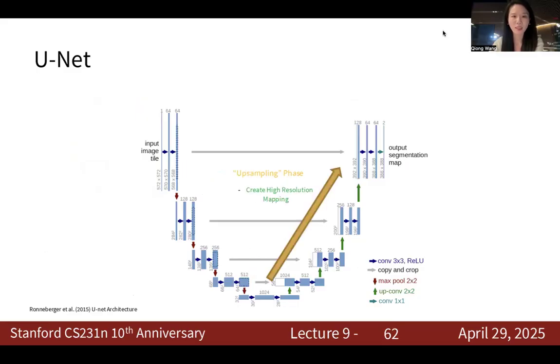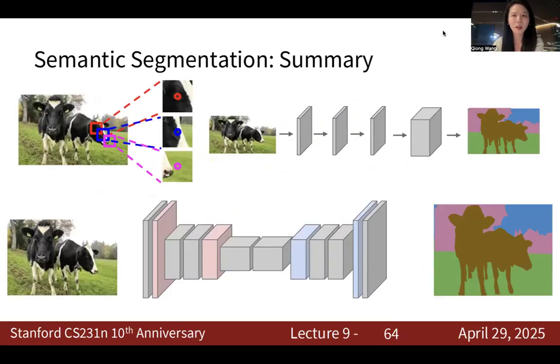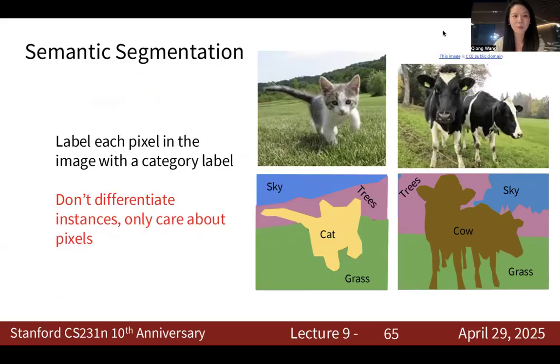In the upsampling phase, we concatenate with the high resolution feature maps from the downsampling phase. So, in summary, we move semantic segmentation from the original convolutional network into the convolutional network with downsampling and upsampling.